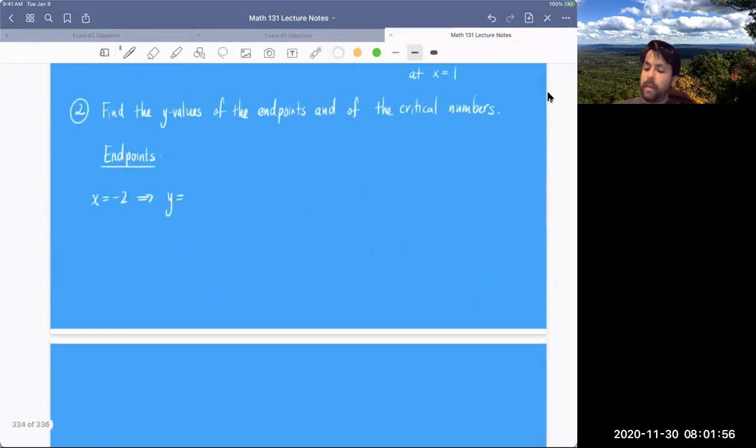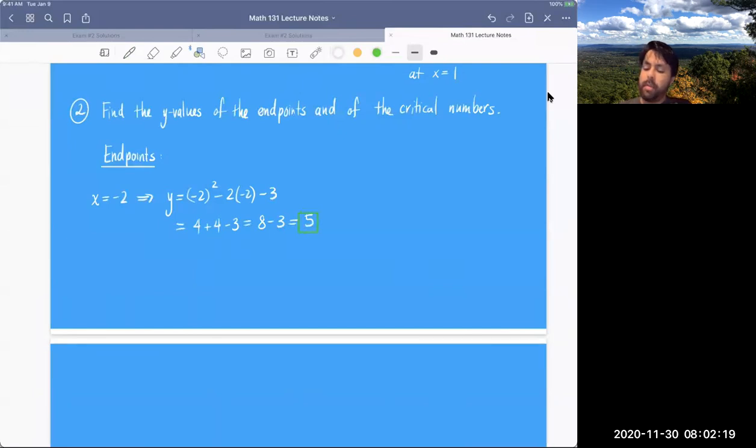So this would be negative 2 squared minus 2 times negative 2 minus 3. So I get 4 plus 4 minus 3. 8 minus 3 equals 5. So that's going to be my endpoint, my y value, 5.